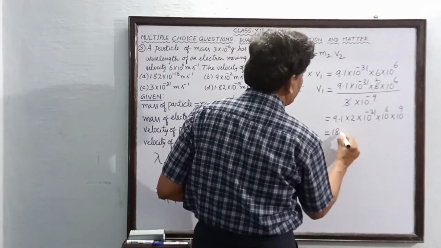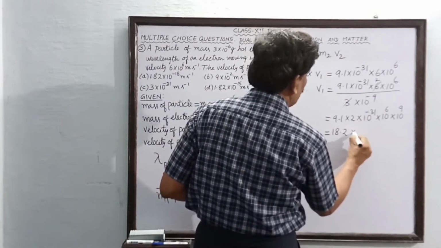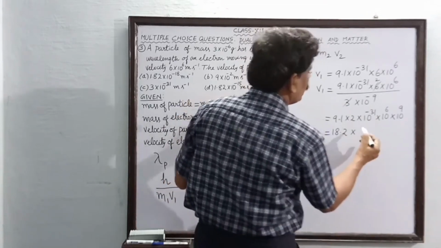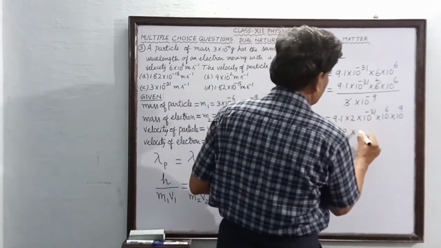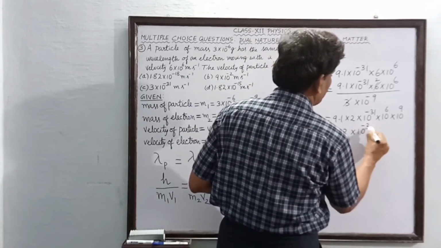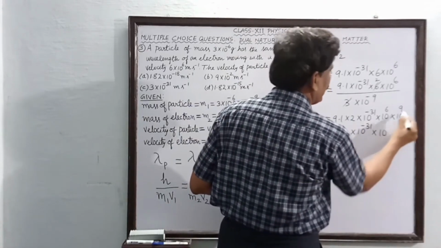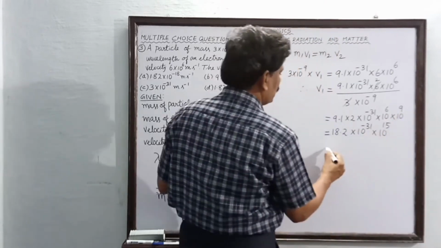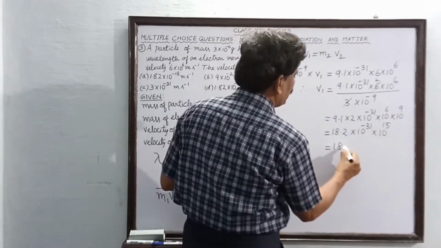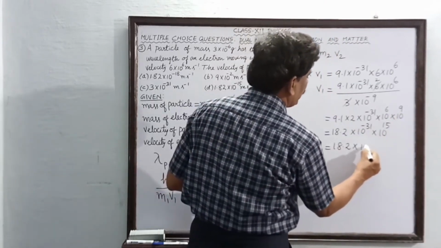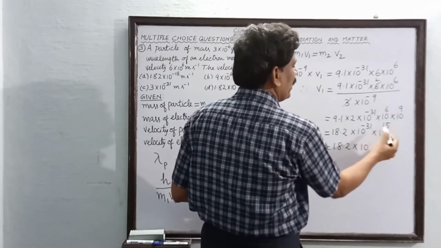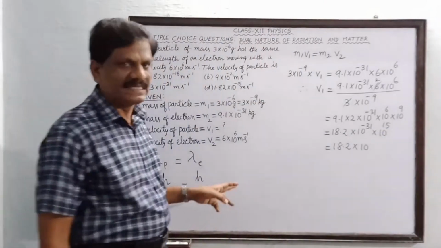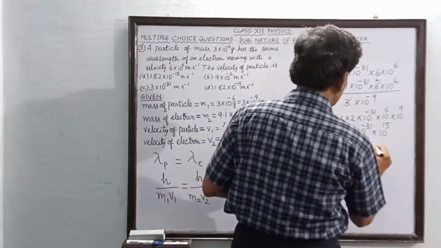So this is 18.2 into 10 power minus 31 into 10 power 9 plus 6, which is 15. So this is equal to 18.2 into 10 to the power of minus 31 plus 15, that is minus 16.